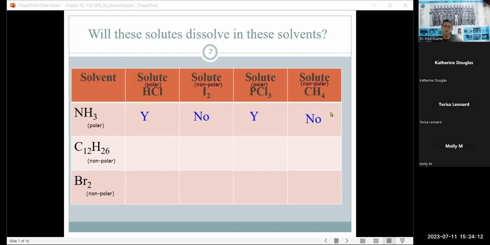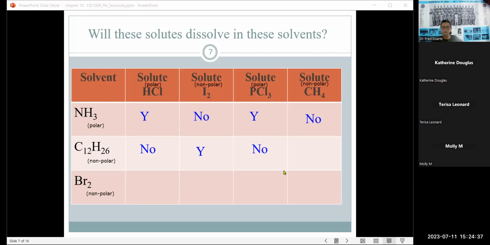Since I've got a nonpolar solute and a polar solvent, there's going to be no solubility. If I take the hydrocarbon C12H26 and I try to add hydrochloric acid to it, there will be no solubility going on because HCl is polar and C12H26 is nonpolar. But it will dissolve iodine because we share the same polarity.